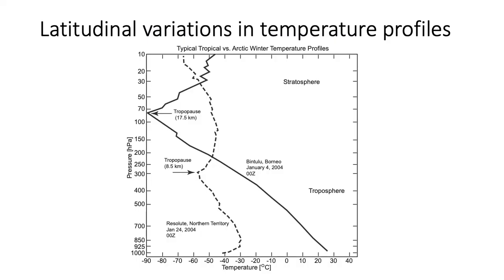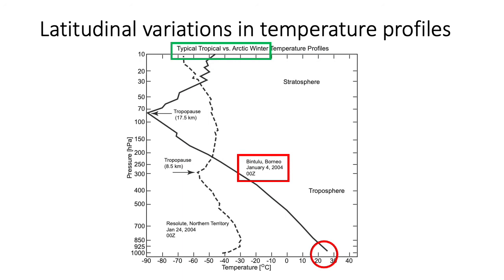The same kind of thing can be observed if we compare a typical tropical sounding with a typical Arctic winter sounding. For the tropical sounding, we have a sounding from Borneo, which is an island which sits right on the equator in the far western Pacific. And the sounding in this case shows a near surface temperature of about 26 or 27 degrees Celsius.